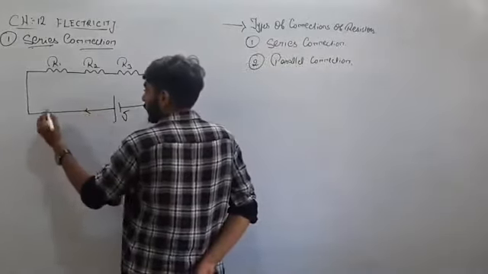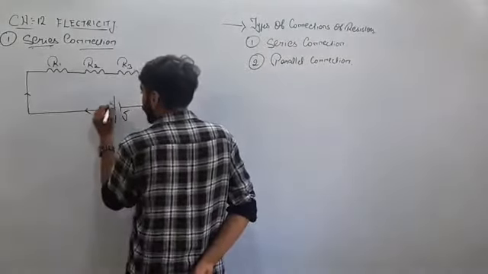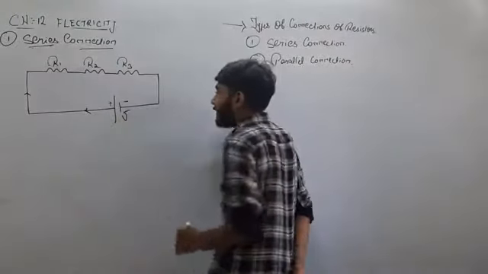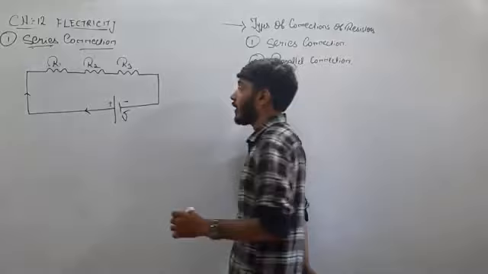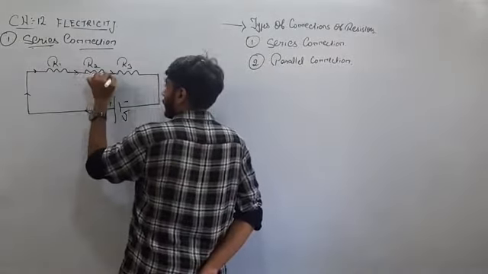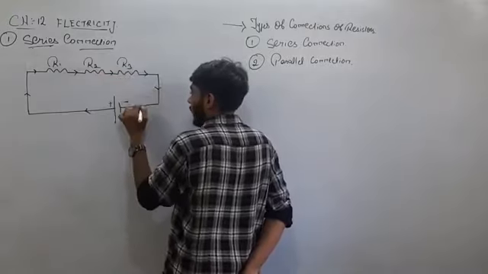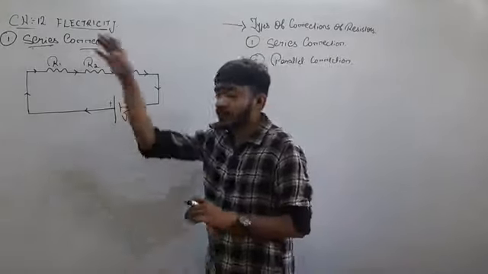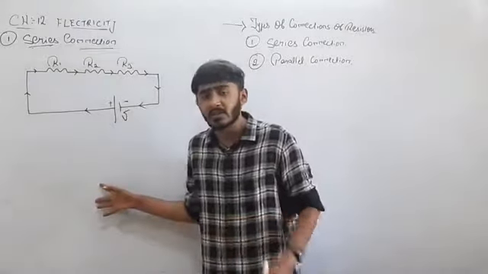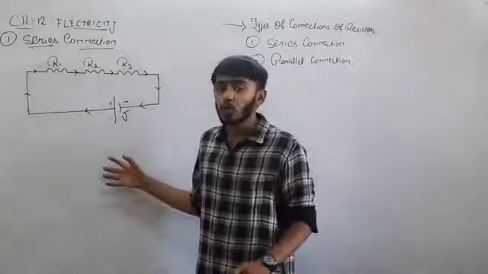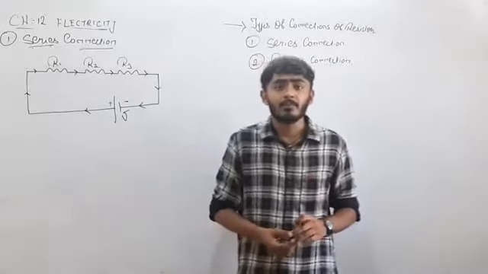If electric current is passing from here, it always starts from the positive terminal and ends at the negative terminal. So the electric current passes through here and then comes back to the negative terminal. So this is the basic diagram of series connection you need to draw in the examinations if it is asked. It is quite important, so please note this diagram.